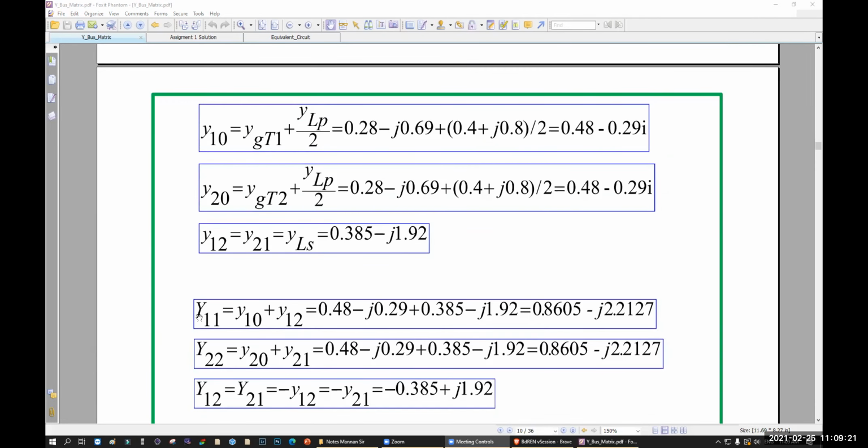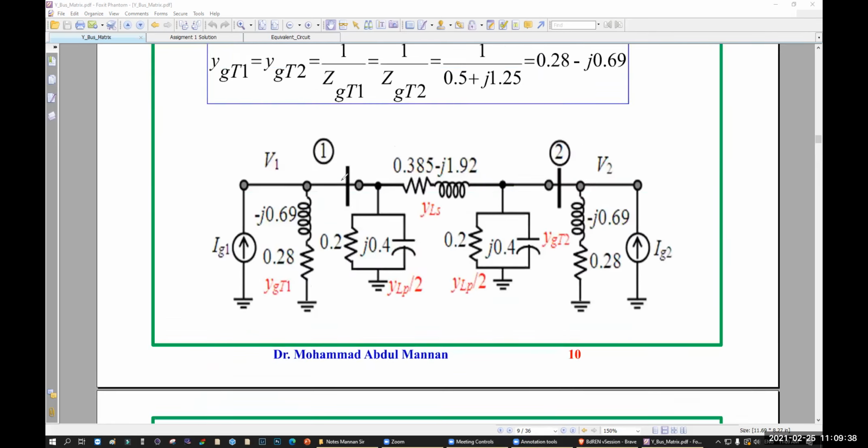Yes, sir, understood. Okay, y11 means bus number 1. What are the admittances that are connected to bus number 1? So y10, y12, right? So you have two admittances connected. Number 1 is this part and this part, because they are all connected to bus number 1.